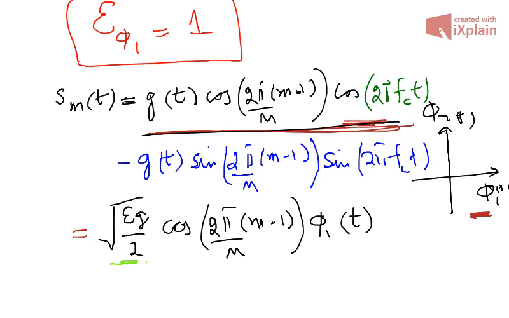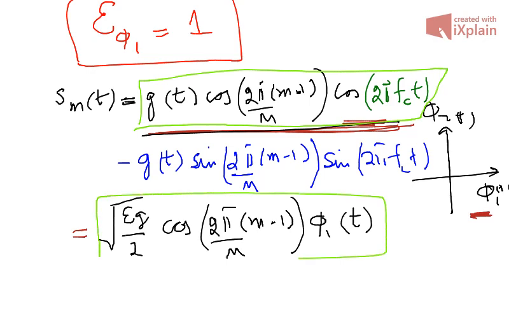So it's easy to understand that we can write it in this form. So this term, we just write this term as this one, and now the second term, minus g of t. Now this you can see sine of 2 pi f_c t and g of t. g of t is already there in phi 2 of t, and there is another scaling term which is under root 2 over Eg.